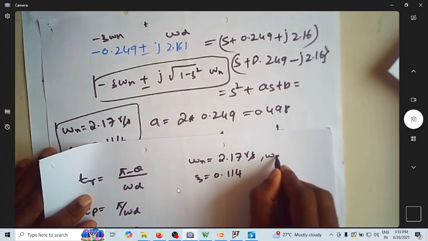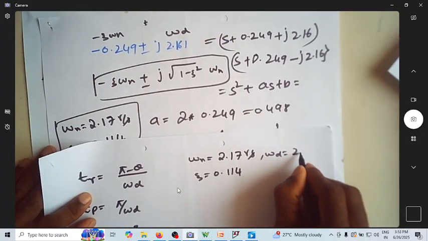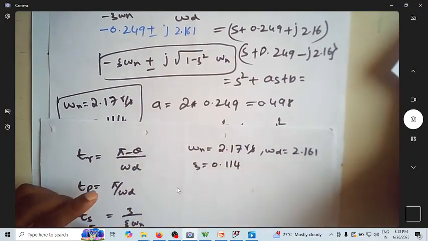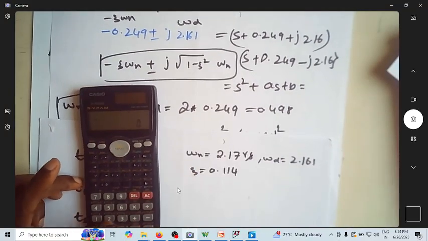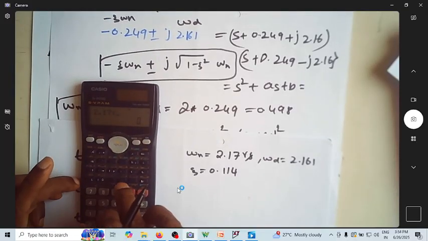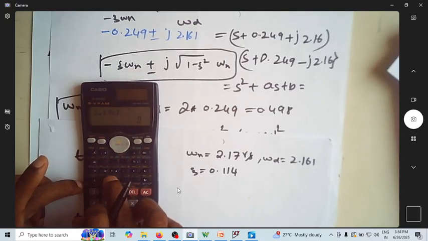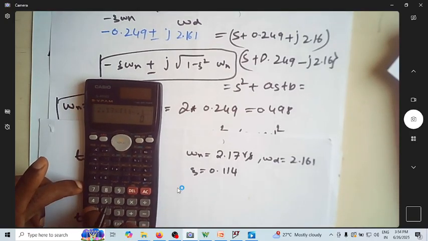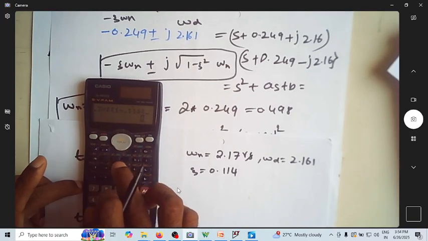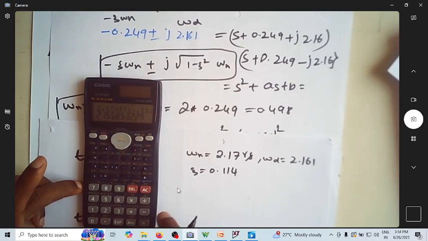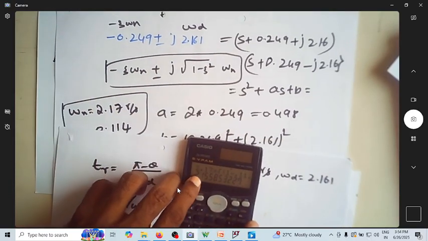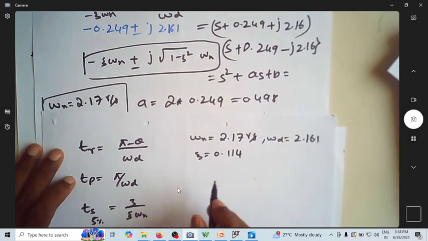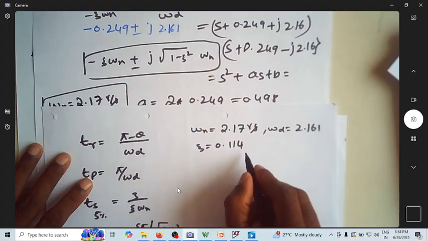Omega d is actually 2.161, which will be almost equal to 2.17 into under root of 1 minus 0.114 square. You can see you're almost getting that, 2.155, which is this.